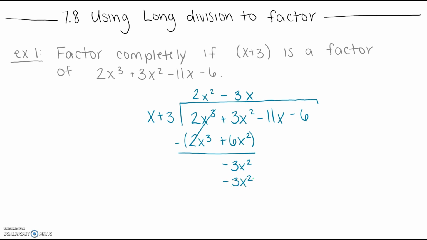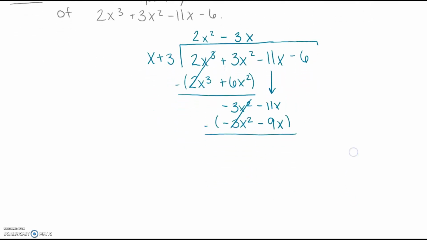Negative 3x times positive 3 will be, oh, I forgot to bring down my 11x. Sorry, so bring down your negative 11x. And then negative 3x times 3 is negative 9x. We're going to subtract those. 3x squareds cancel.